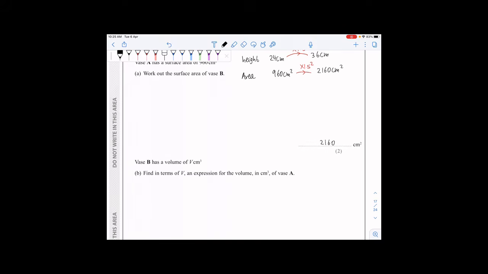Now shape B has a volume of V, so we're looking at volumes here. We know that the multiplying factor will be times 1.5 to the power of 3, and we know that it's B that has a volume of V cubic centimeters. So to go back, I will be dividing by 1.5 to the power of 3.